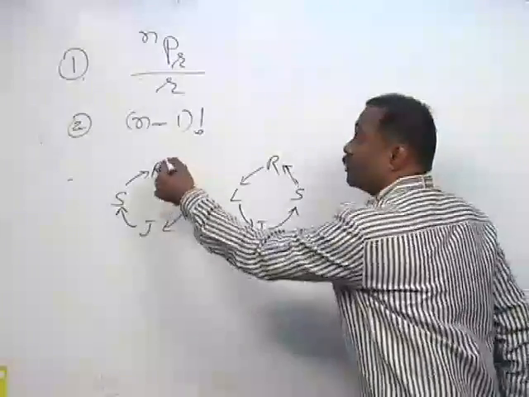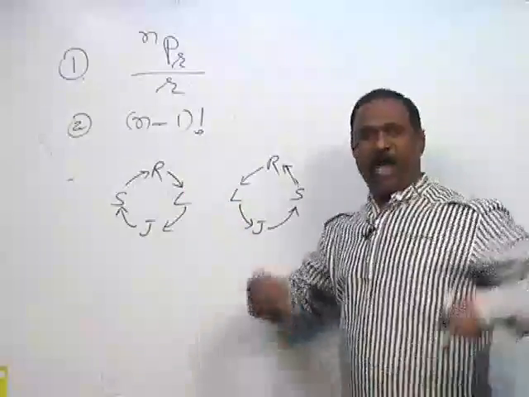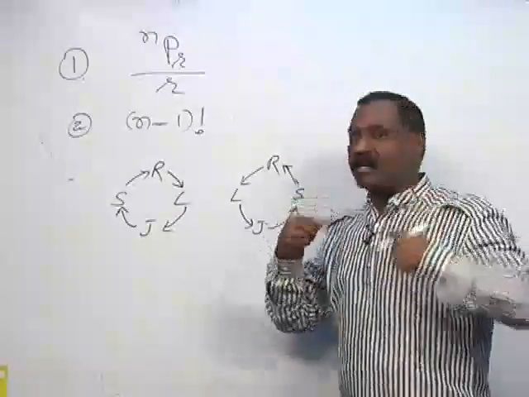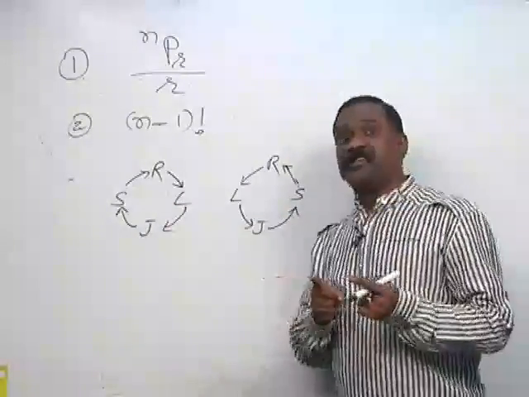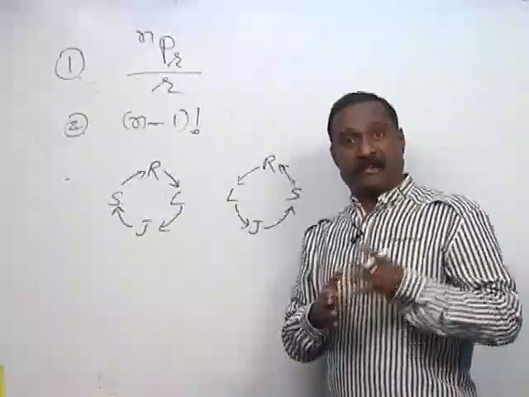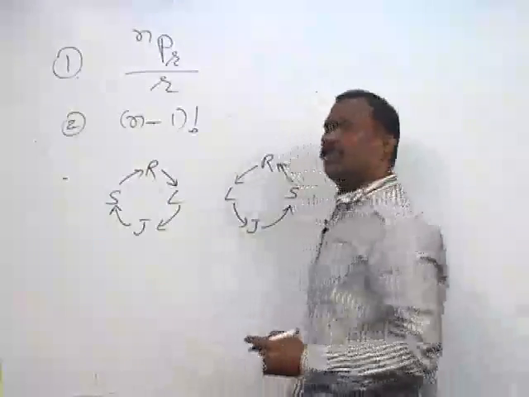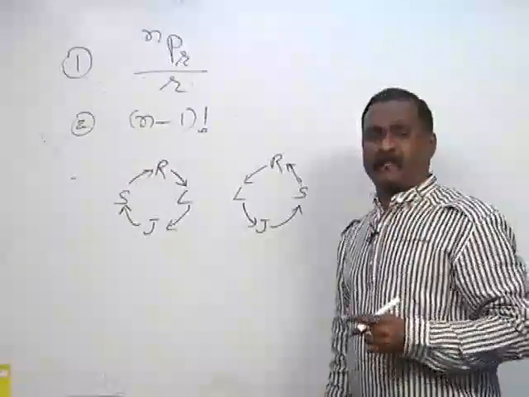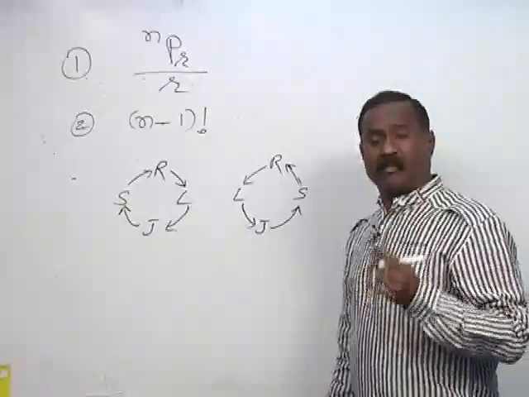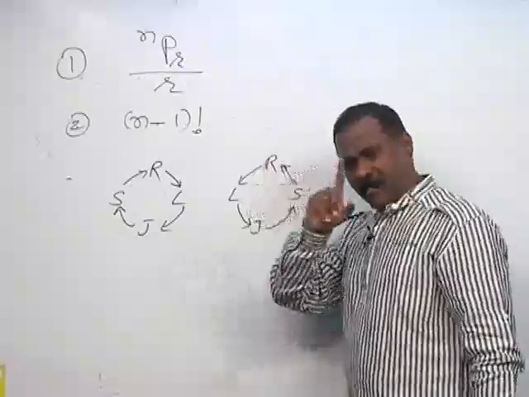Because that will not have any left side or right side or front side or back side. That means in the case of flowers in a garland or beads in a necklace, these two will be treated the same, but in (n minus 1) factorial, they are treated different if they are the persons. So, when the clockwise and anti-clockwise directions are taken the same, these two will not be taken different, but they are to be taken as one.